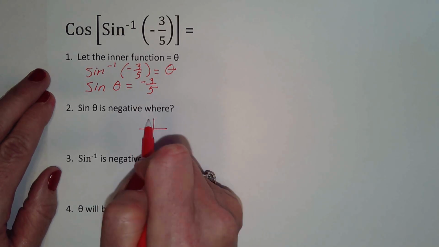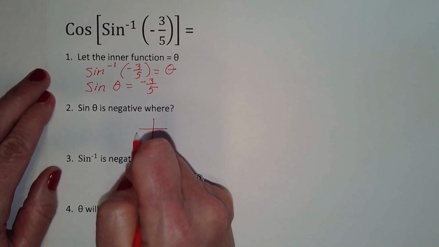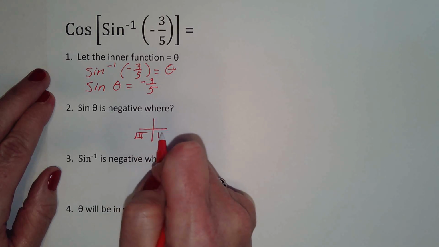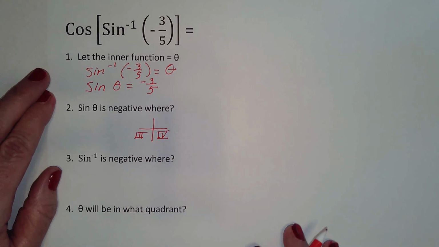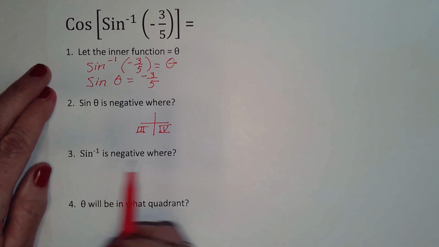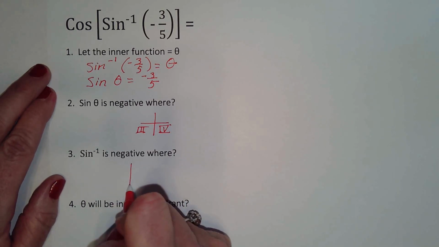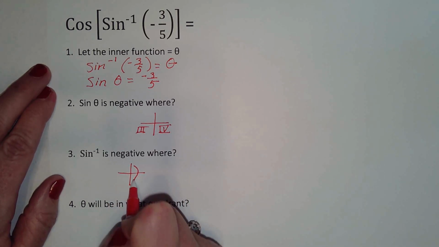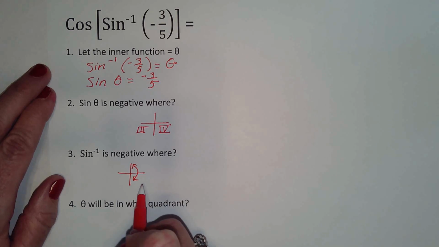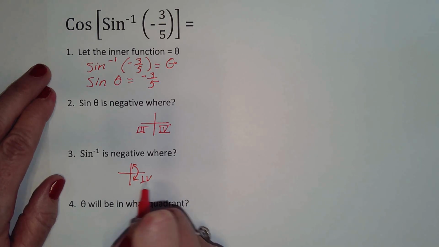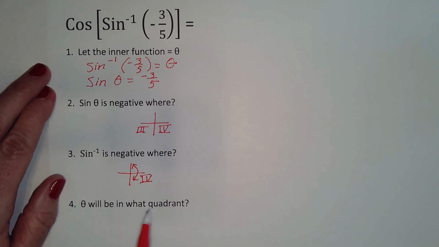Well, all students take courses, so it's in quadrant 3 and quadrant 4. What about sine inverse? Where is it negative? Well, I know it's restricted between the first and the fourth quadrants, and it's negative in the fourth quadrant. Therefore, theta will be in what quadrant? It will be in quadrant 4.